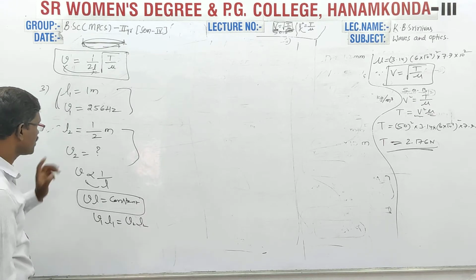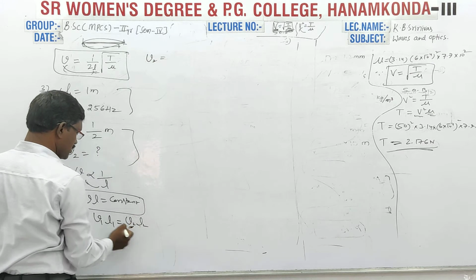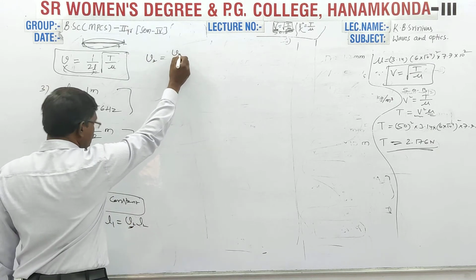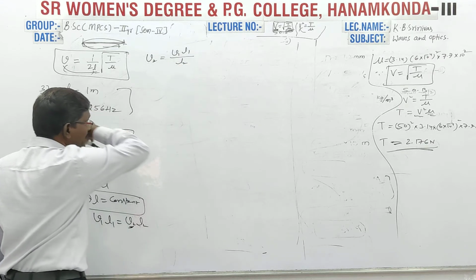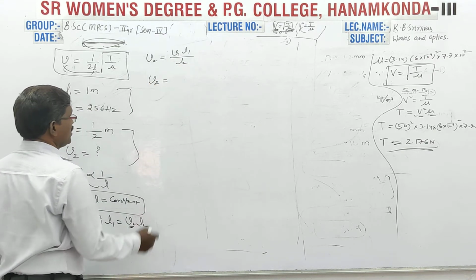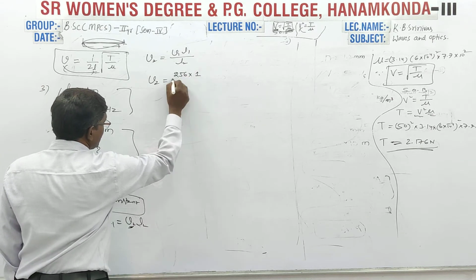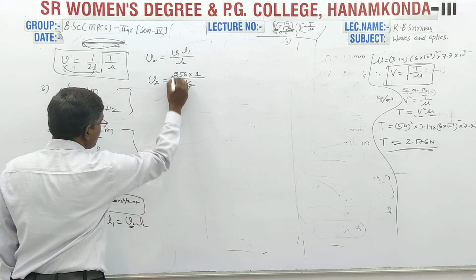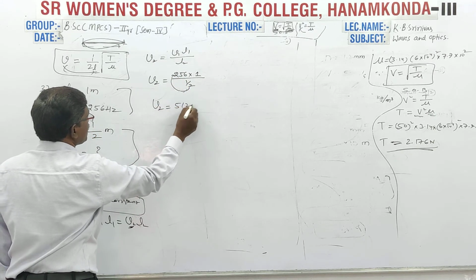But I want to calculate the nu2 value here. So, nu2 is equal to nu1 L1 by L2. Frequency of the wire is equal to, already this is 256, this is 1 meter, this is half meter. This 2 goes into the numerator, multiplies 256, it becomes 512 hertz.